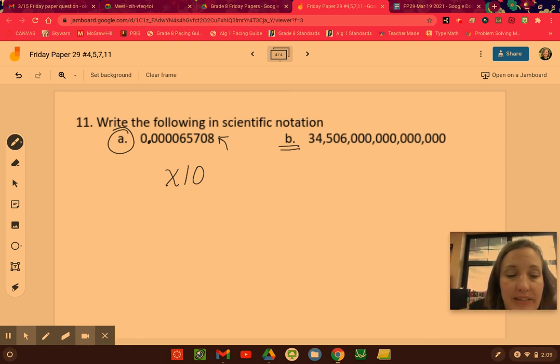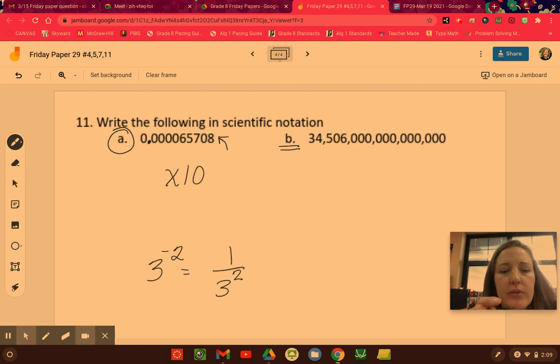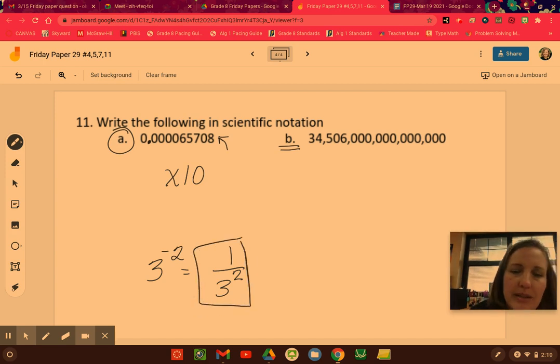It's going to be a negative exponent, because remember, 3 to the negative second power is like 1 over 3 squared, right? So when you make it times 10 to a negative power, instead of multiplying by a power of 10, you're dividing by a power of 10. See how it's really becoming like a fraction, which is division, right?